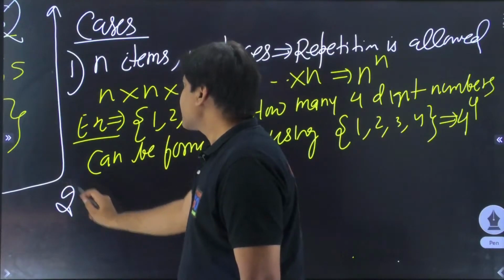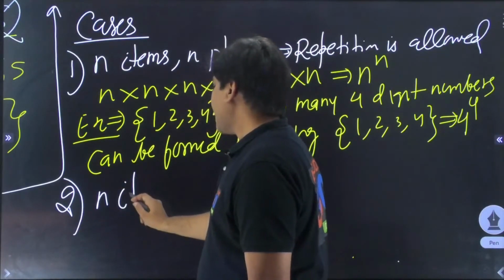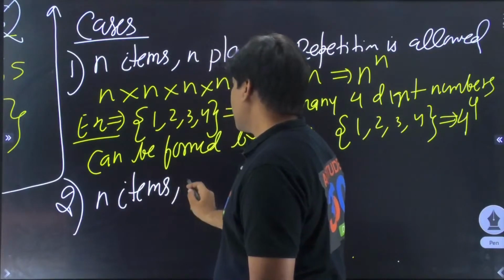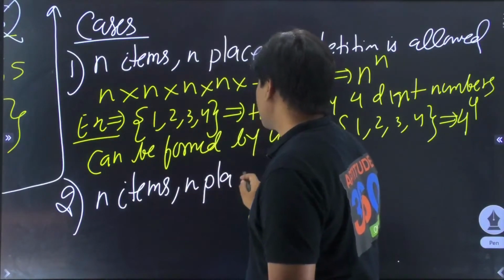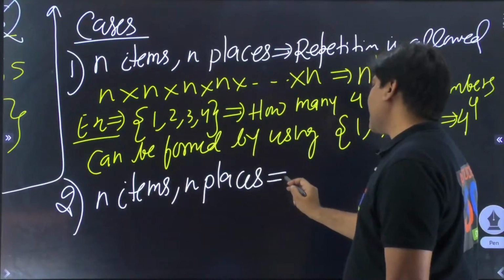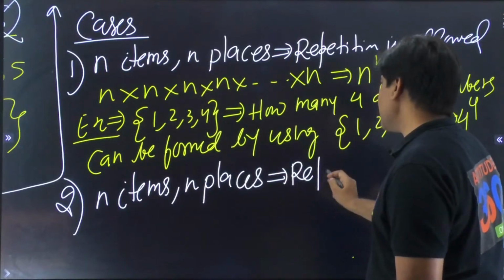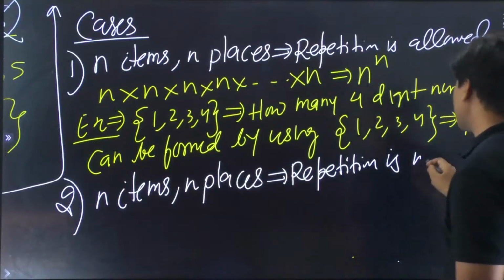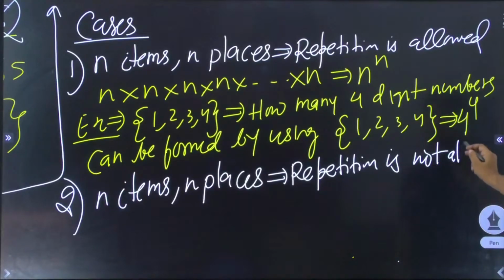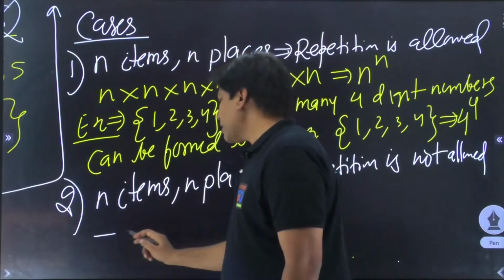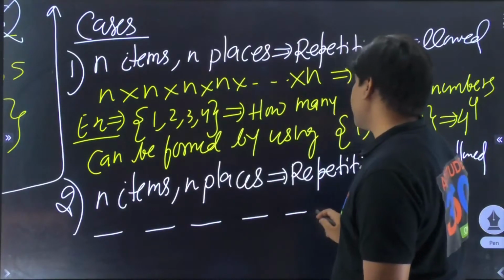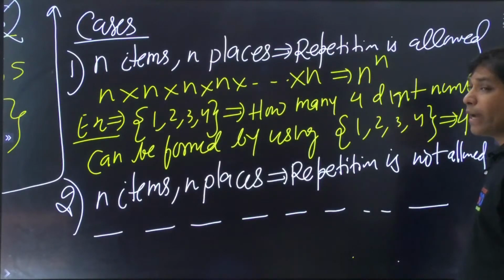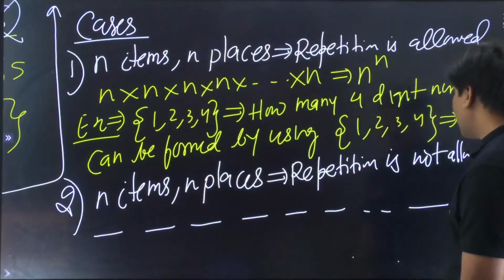My second case, n items, n places, and I say that repetition is not allowed. What can we do then? 1, 2, 3, 4, 5, 6, so forth and so on up to n, isn't it?